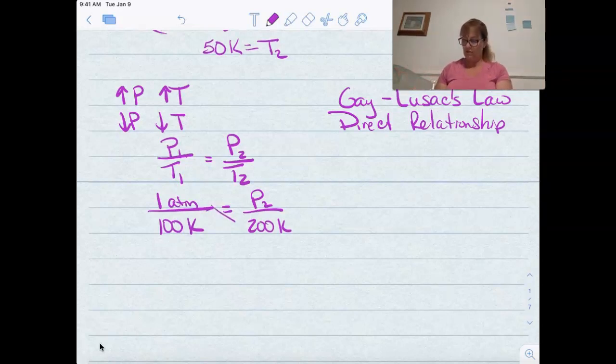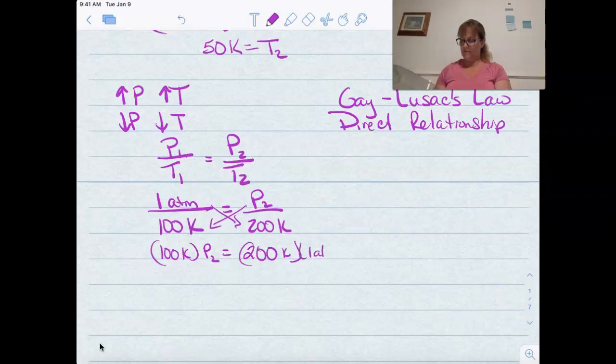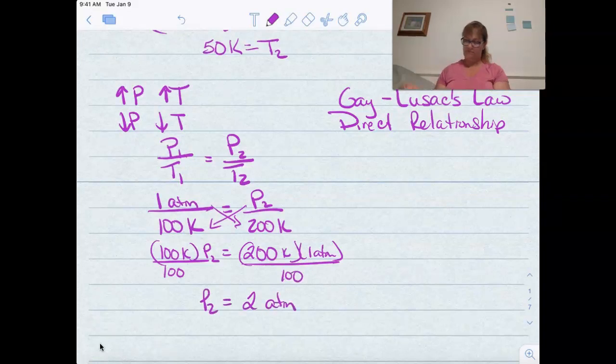Well, sure. Again, cross multiply, and you get 100 Kelvin times my pressure equals 200 Kelvin times 1 atmosphere. If I divide by 100, my new pressure is going to be 2 atmospheres, right? And that's just what these laws are beneficial for.